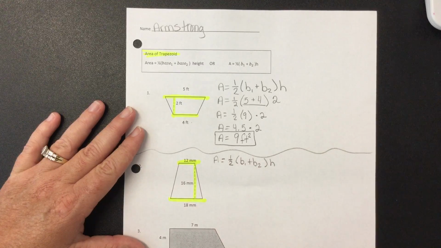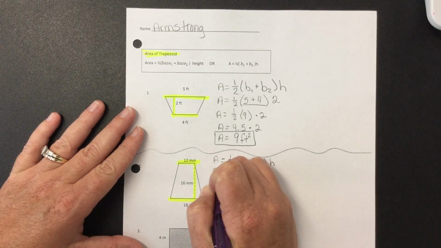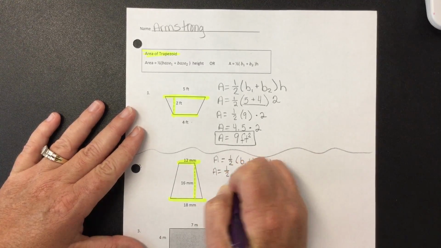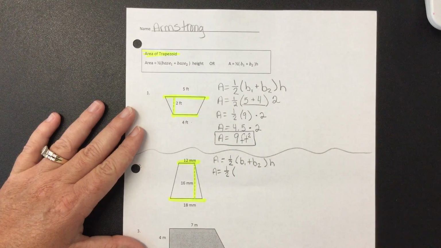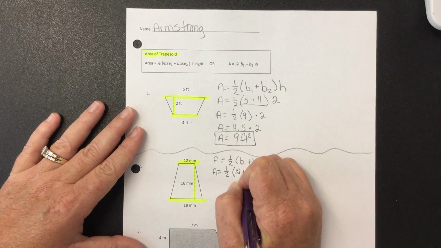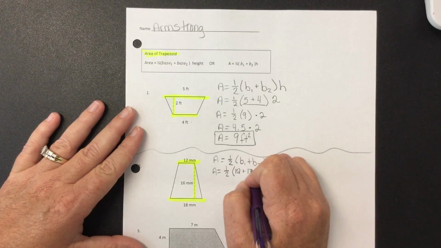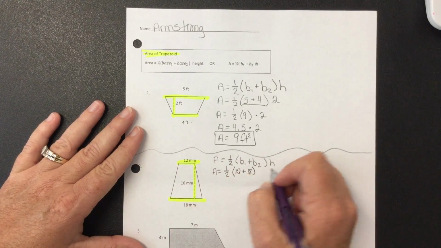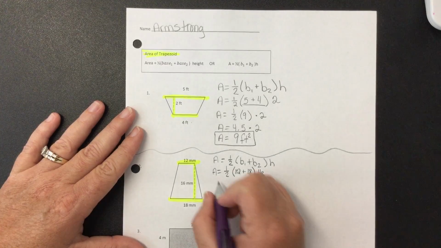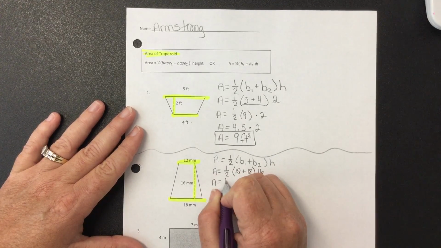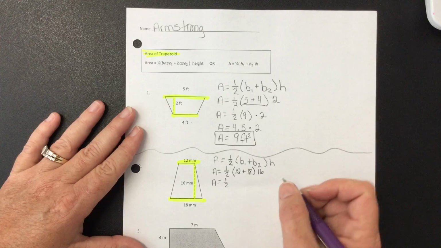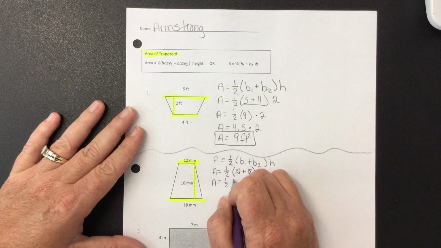Do I know my area? No. Plug in what I know. What is base 1? 12. Base 2? 18. And my height? 6. All right, now we can get to solving. 18 plus 12 is? 30.